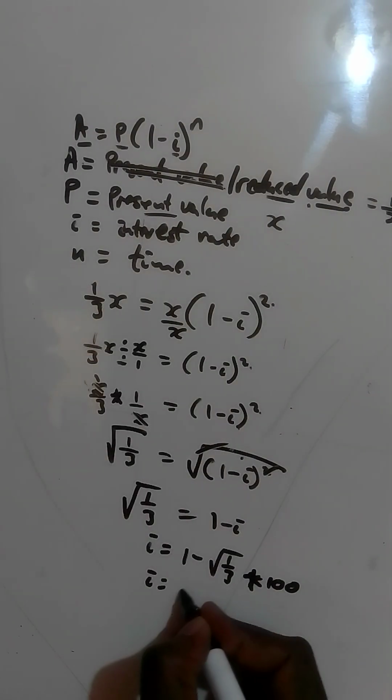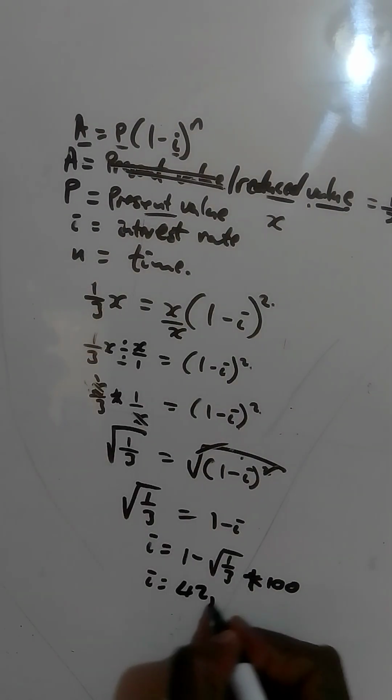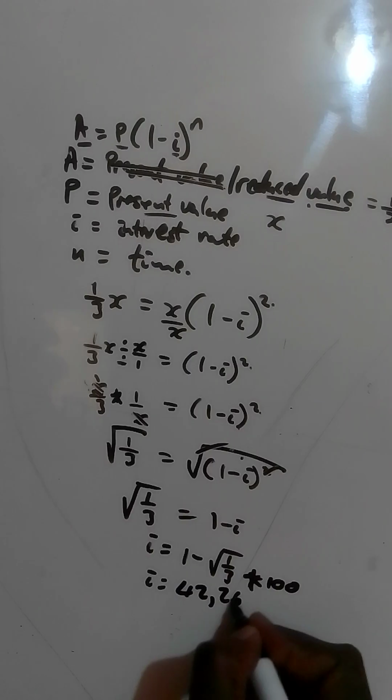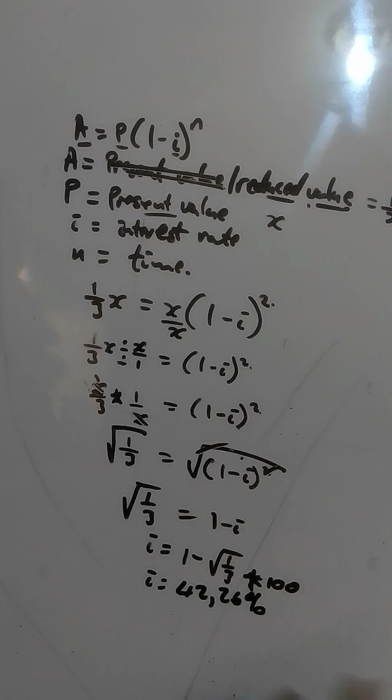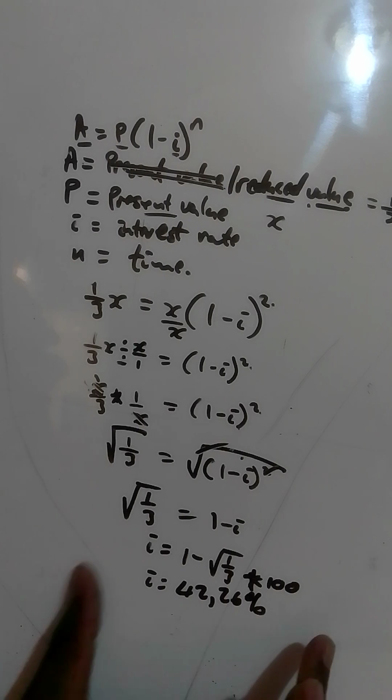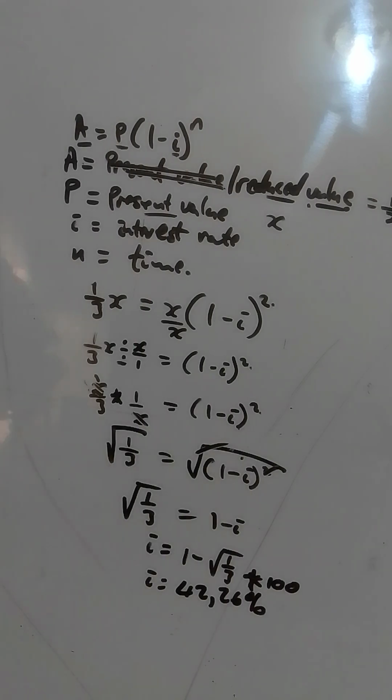So now the final answer is 42.26%. That is the interest, the rate of depreciation. So the phone reduced its value by 42.26% per annum. This is the answer.